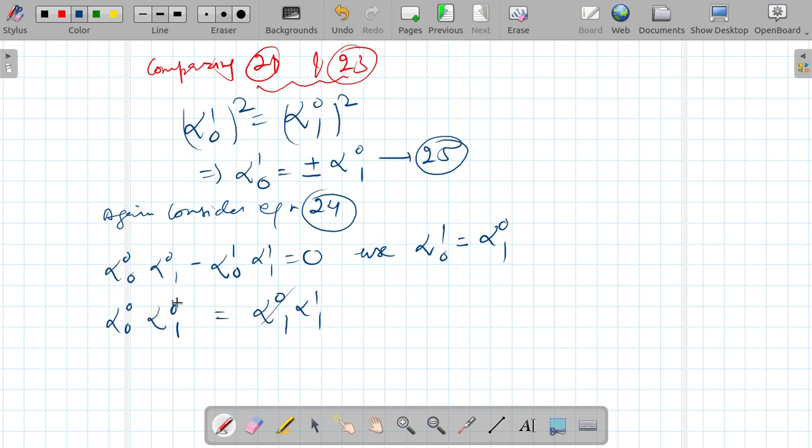This will cancel out with it, right? So this leads to the fact that alpha 0 0 equals alpha 1 1. That means if I sum up this result, alpha 0 0 must be equal to alpha 1 1 if alpha 1 0 is equal to alpha 0 1.